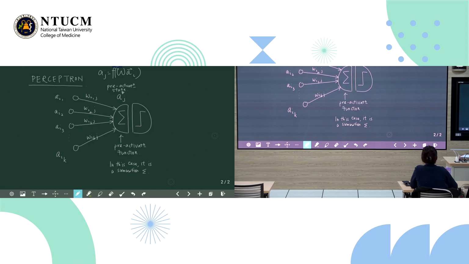What it does is WI1J times AI1 plus WI2J times AI2, and so on until WIKJ times AIK. Sum all of that and you get the pre-activation state.